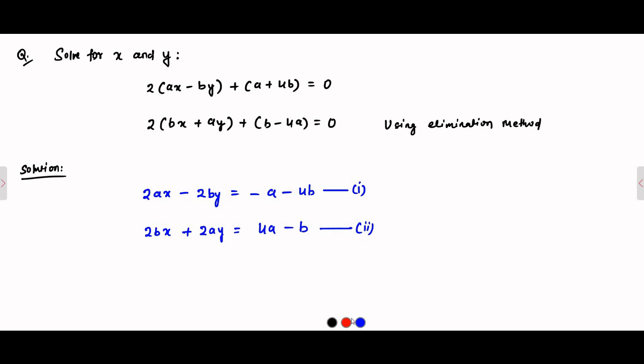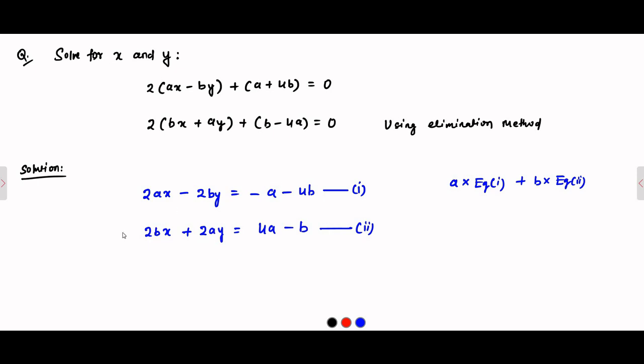So what we are going to do is multiplying a into equation 1 and b into equation 2, and we'll add the two.